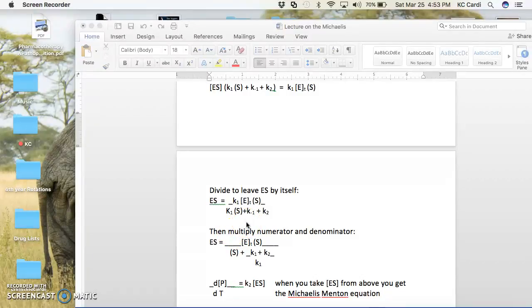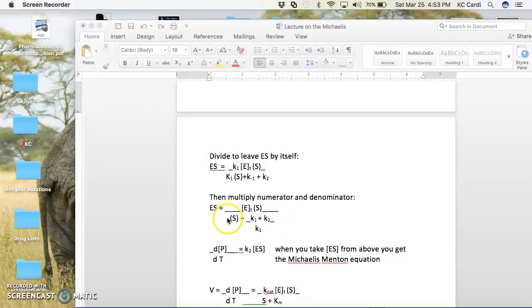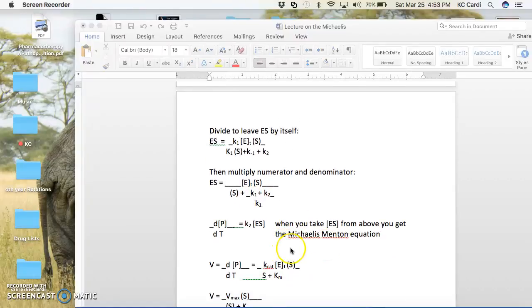And then we multiply the numerator and the denominator by 1 over K-1, and we get this. So, like I said, we already have an equation for ES.